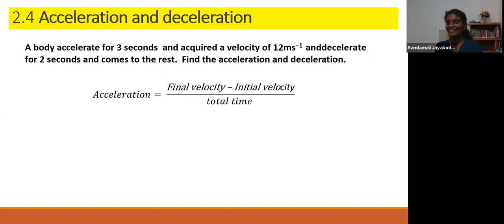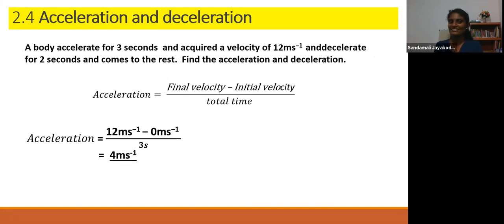Okay, then let's have a look. Final velocity is 12 meters per second. Initial velocity is 0 meters per second. What is the time? 3 seconds, isn't it?